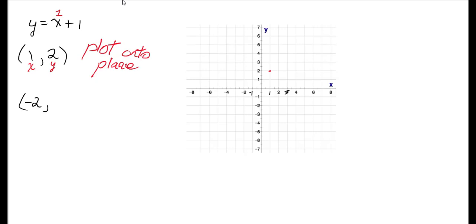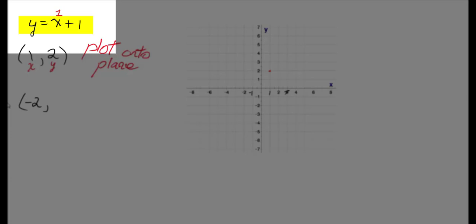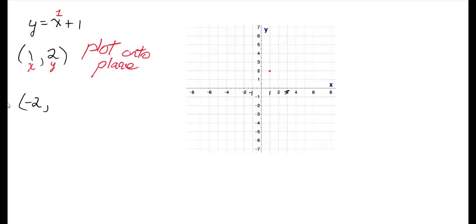Now why negative 2? Why am I able to choose my x value? The way this equation's set up, it's set up so that y is what is being solved for. So when you insert a number into x, you instantly get the y value as a result. So that's why I'm choosing x values and getting y values.